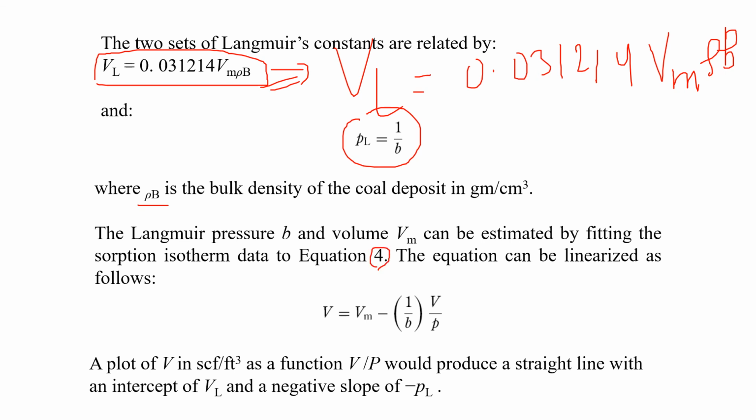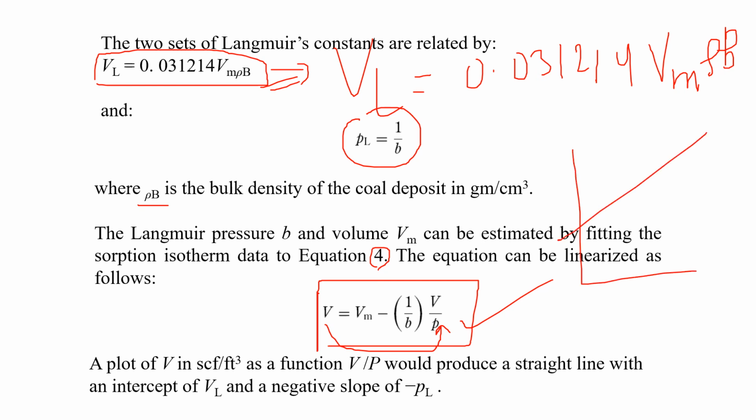Whatever we saw, that equation, when linearized, looks like this: V is equal to Vm minus 1 by B into V by P. A plot of V versus V by P would produce a straight line with intercept VL and slope minus PL. So what is the intercept? VL, and slope minus PL.